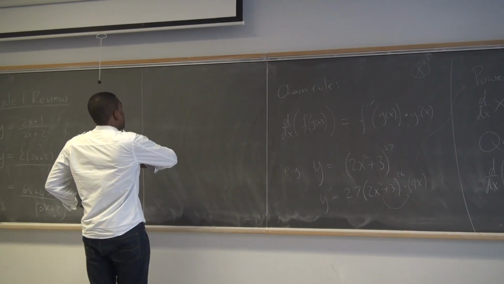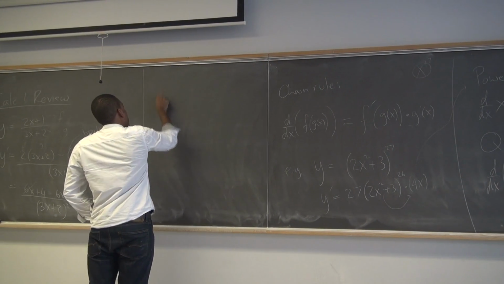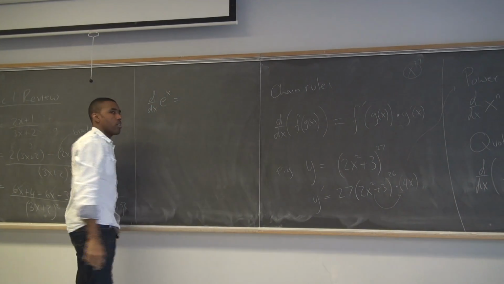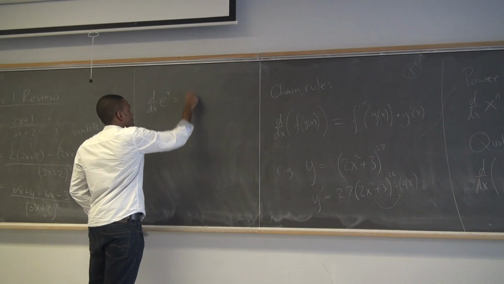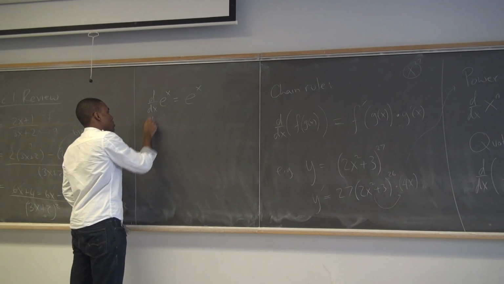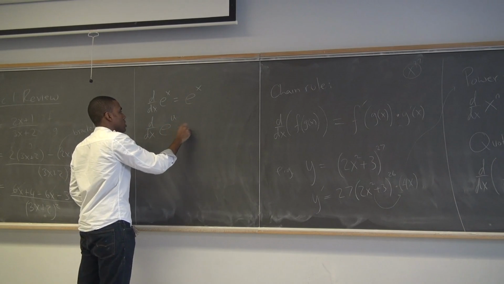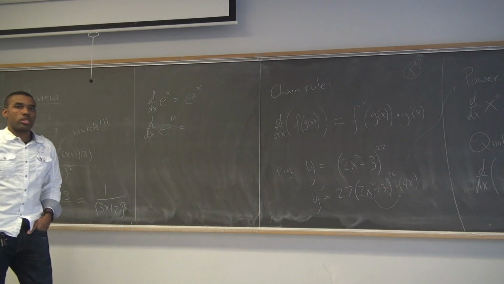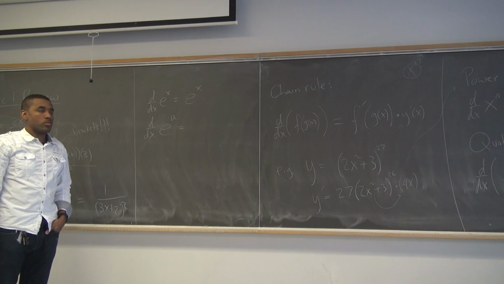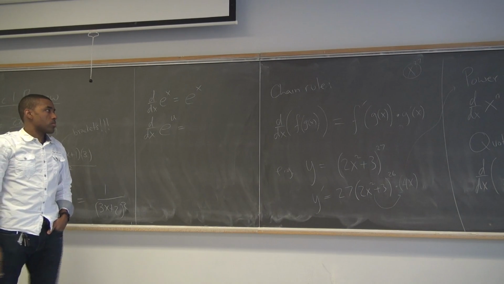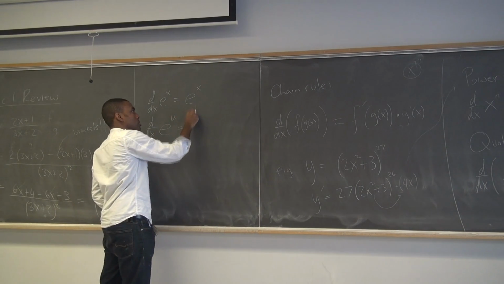Let's get more specific. What if I asked you, what is the derivative of e to the x? e to the x. What if I ask you, what is the derivative of e to the u, where u is some function of x?